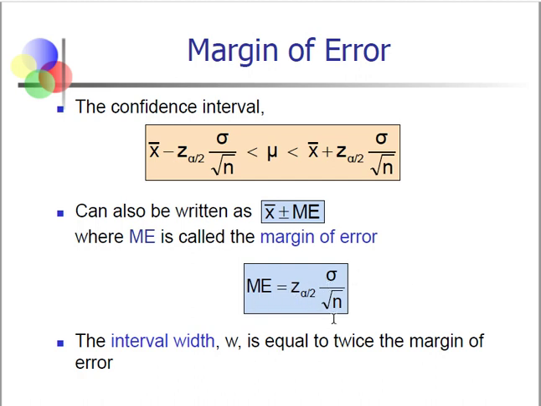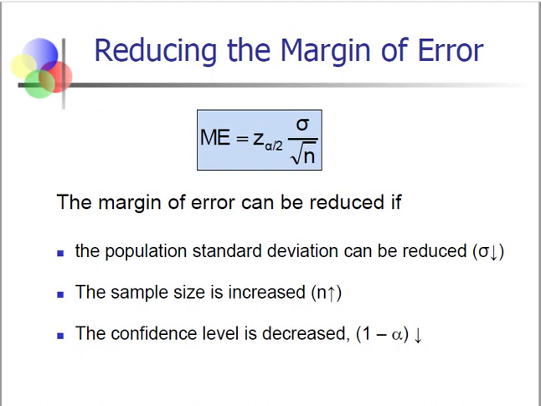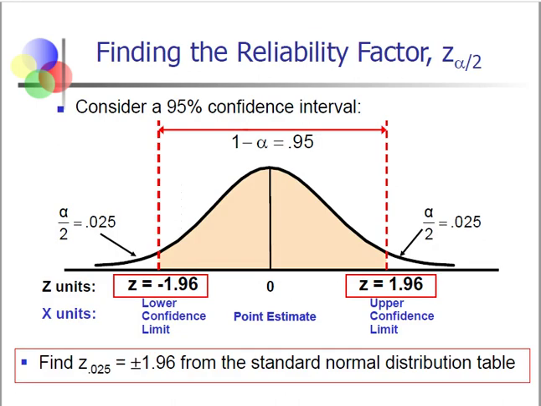Margin of error is just the reliability factor multiplied by the standard error. So the margin of error can be reduced if the population standard deviation is reduced, the sample size is increased, and confidence level is reduced.